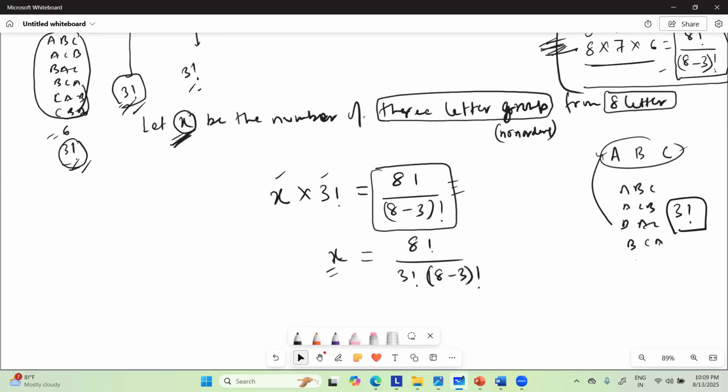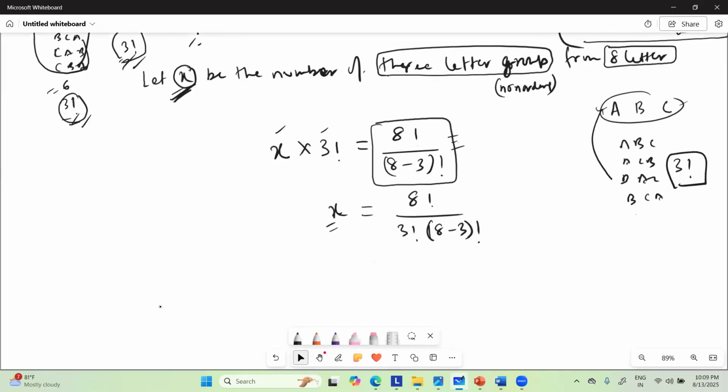यही तो समझाया कि जैसे, let me explain in a different way. Let's take a smaller example. Let's take we have just 3 letters.